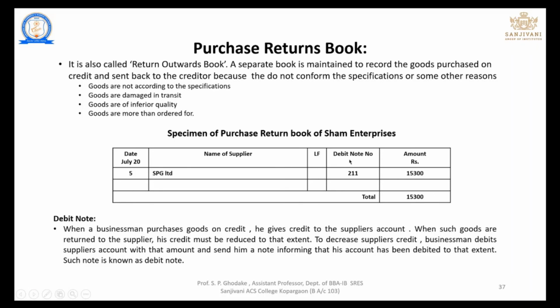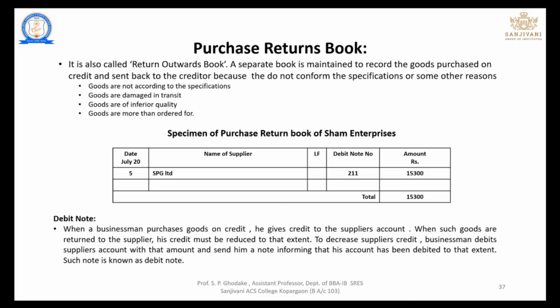When a businessman purchases goods on credit, he gives credit to the supplier's account. When such goods are returned to the supplier, his credit must be reduced to that extent. So to decrease the supplier's credit, the businessman debits the supplier's account with that amount and sends a note informing him that his account has been debited to that extent.